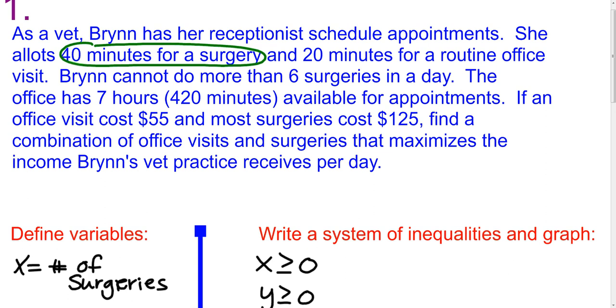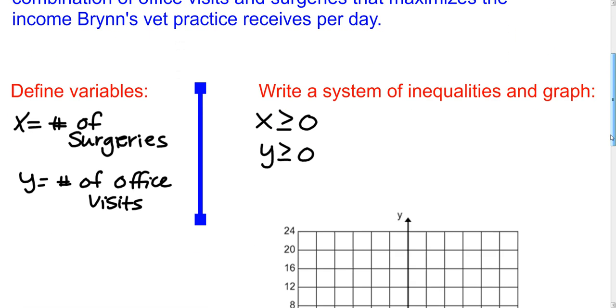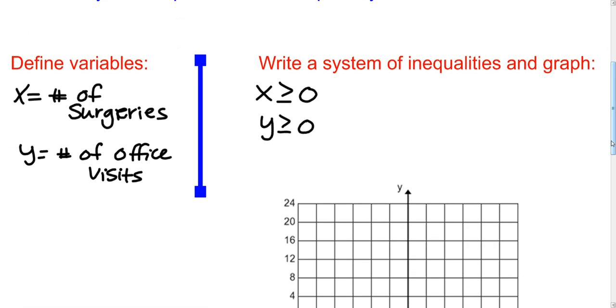We called the surgeries X, so it would be 40 minutes for every X surgeries that she does, and 20 minutes for the office visits. Okay, office visits are Y, and then she has 420 minutes total in a day to work. Okay, so what that will look like is that will look like this.